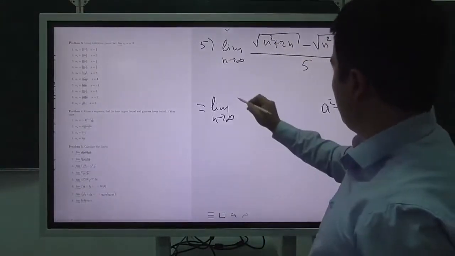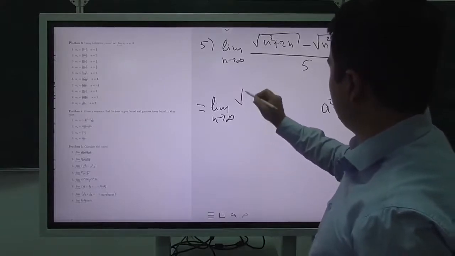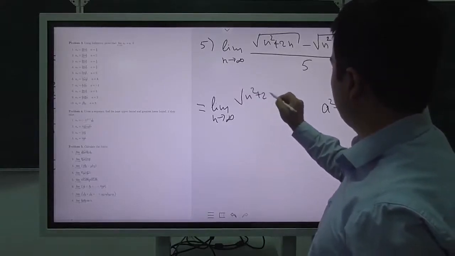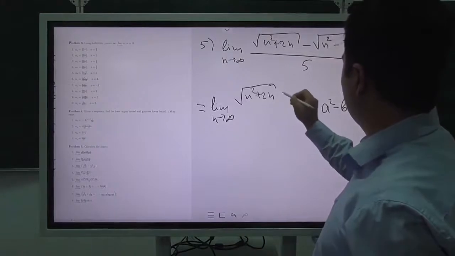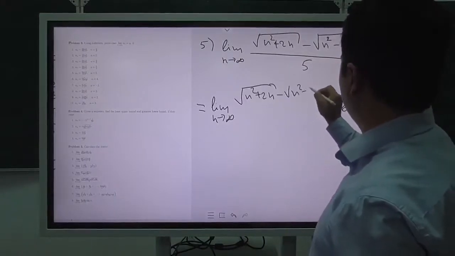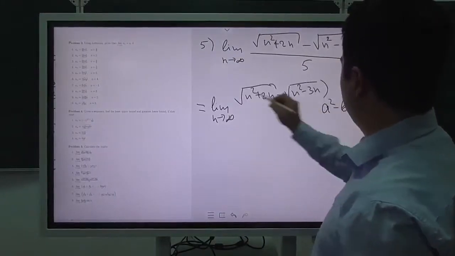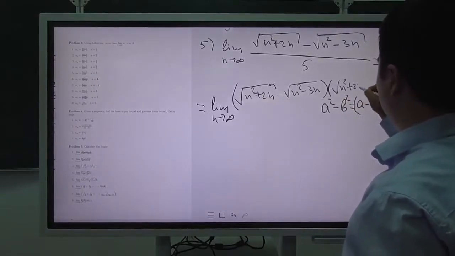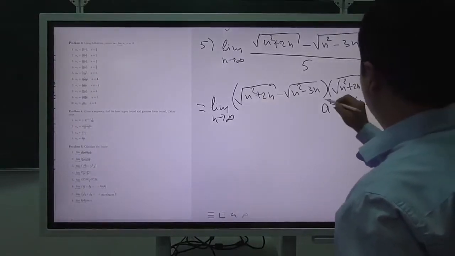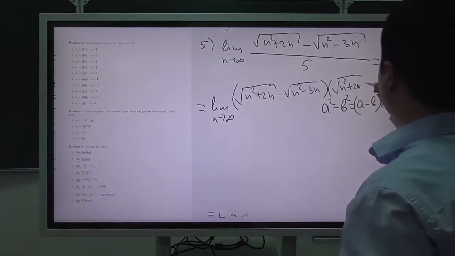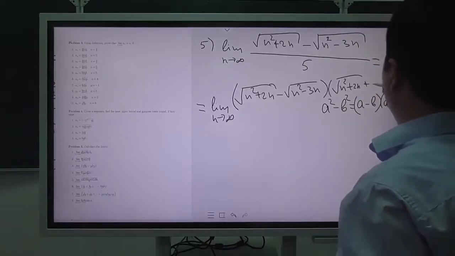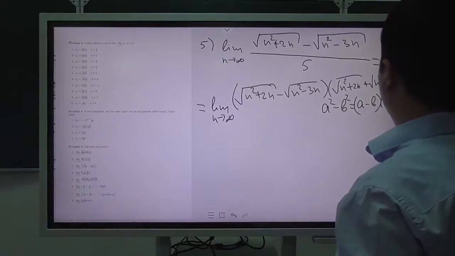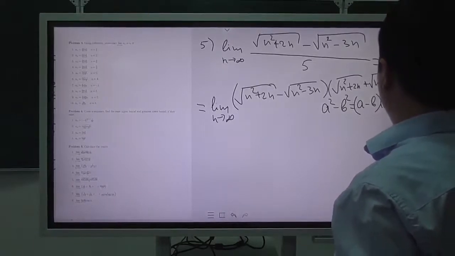So square root of n squared plus 2n minus square root of n squared minus 3n, times square root of n squared plus 2n plus square root of n squared minus 3n.